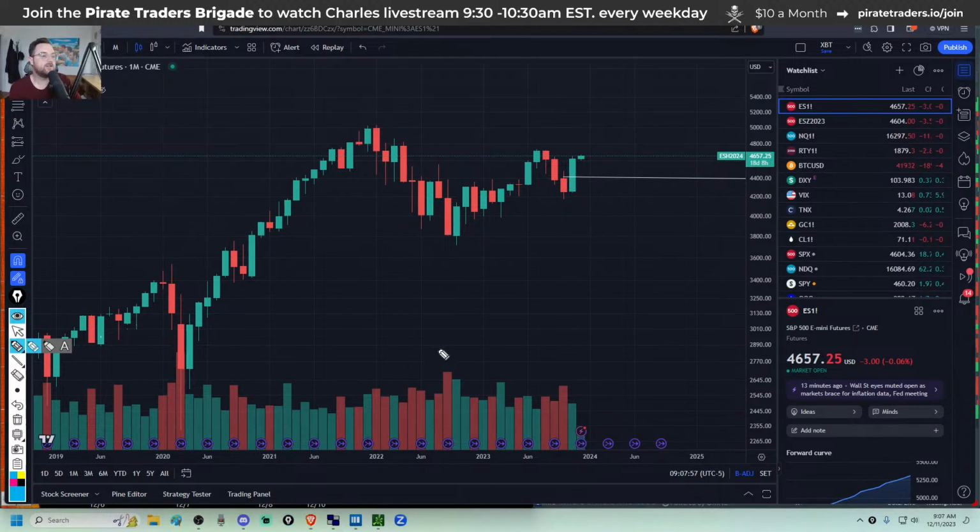Looking at it on the monthly chart, nothing has really changed since last week when we talked. Last week we said that being right here means being at the upper end of what could become a balance area on the monthly.